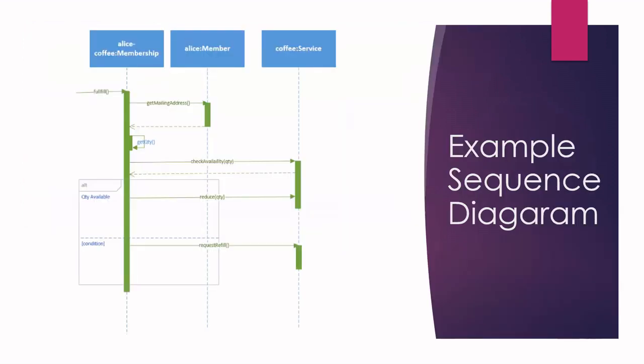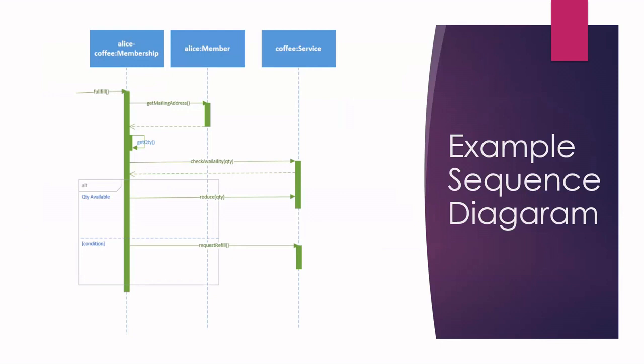So here's an example. Here I called Alice and Cloud. The example I mentioned verbally was John and Game. It's another object, okay? But this object, Alice's membership in coffee, is an object of the membership class, right?